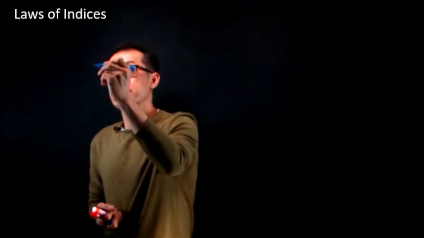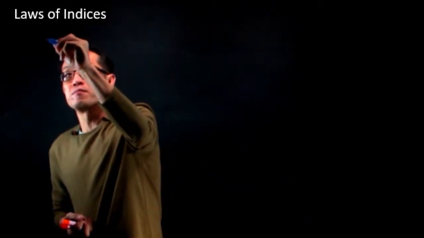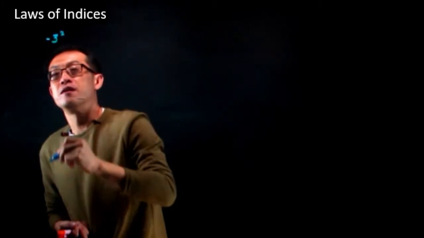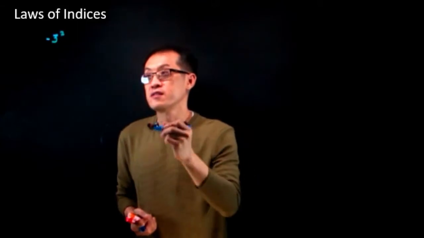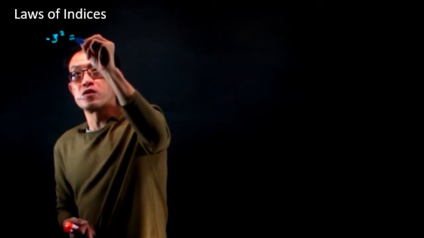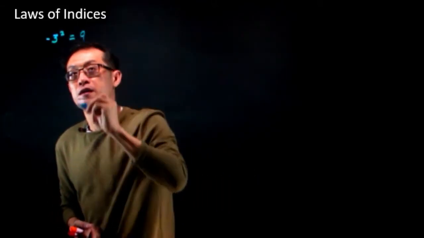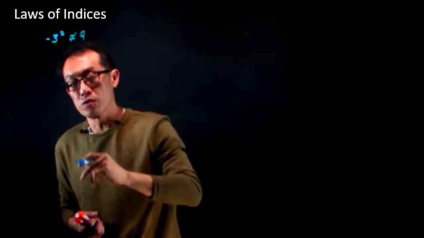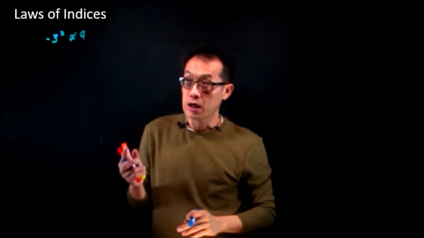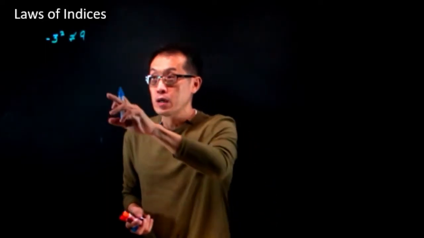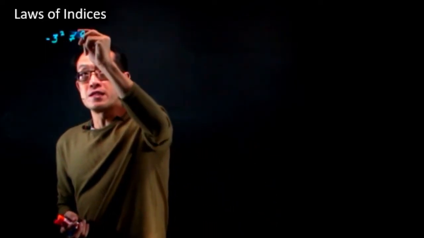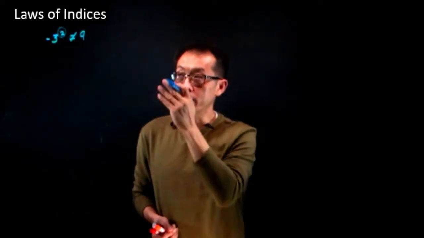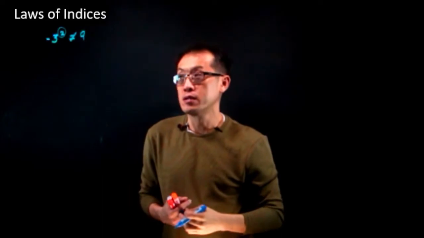Now the first common mistake that students make is, for example, a lot of them will write this as equals to 9. Now this is wrong. Okay, this shouldn't be equals to 9. Now remember one thing: this index here only applies to the number that is next to it.